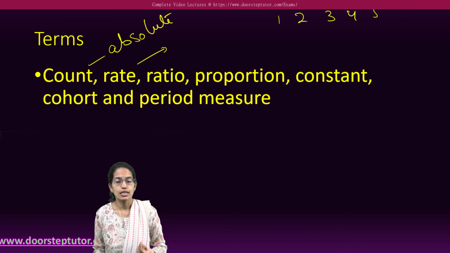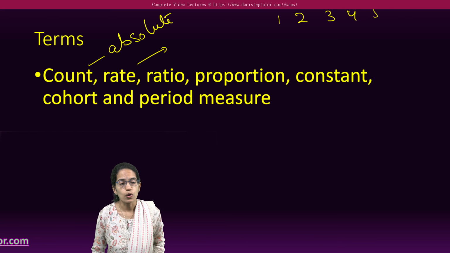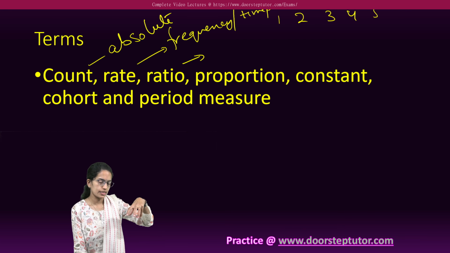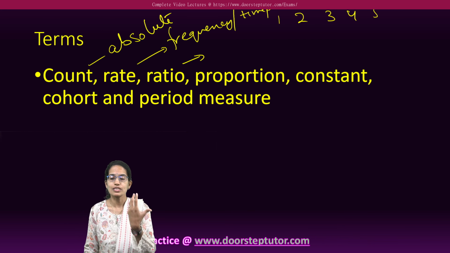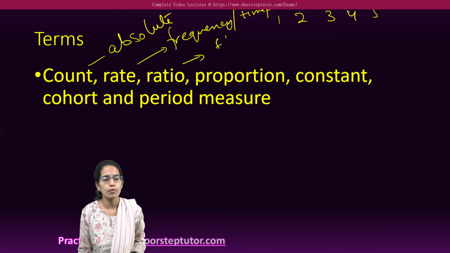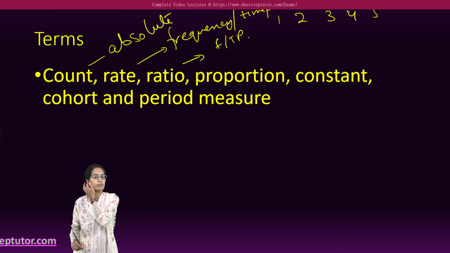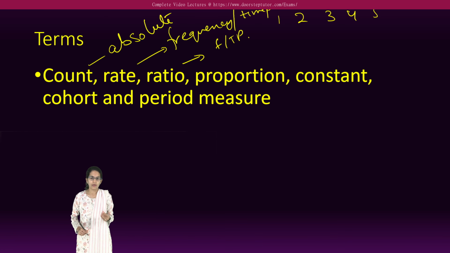Now, this is the rate. We are talking about frequency in a particular time period, right? Now, what is ratio? Ratio is the proportion of one set of population to the other set or the complete set. For example, I talk about females to the total population.